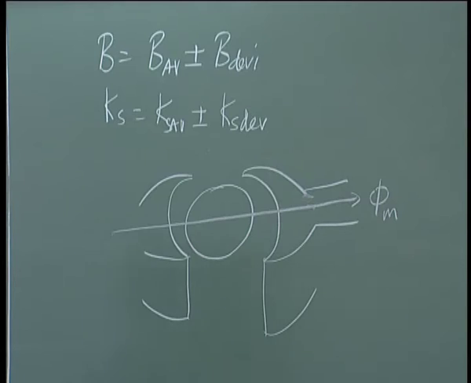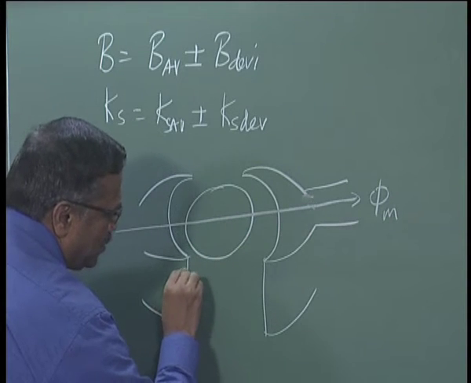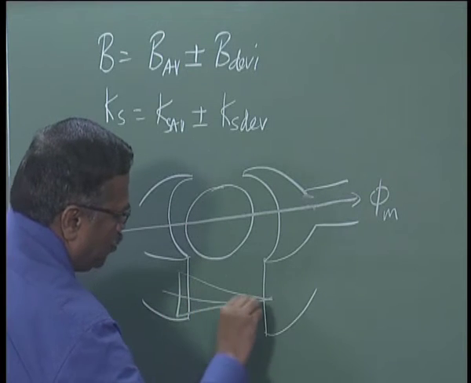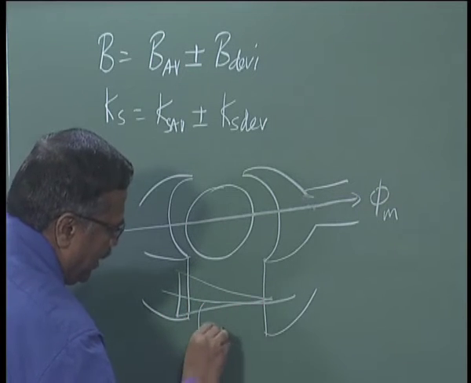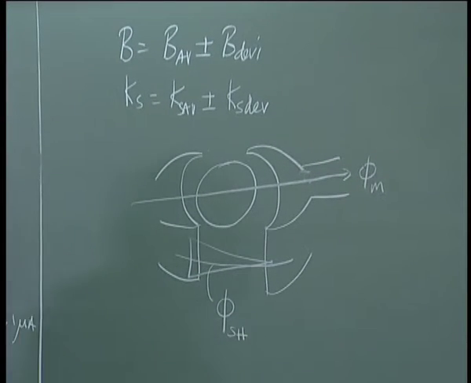Then the manufacturer produces an auxiliary flux through a second branch, this I call phi shunt branch.